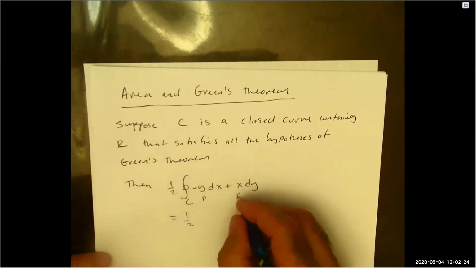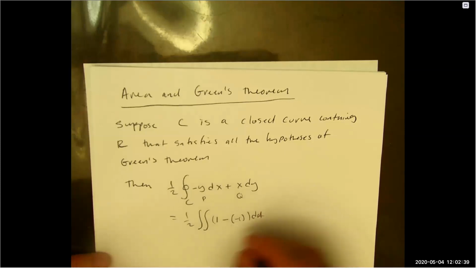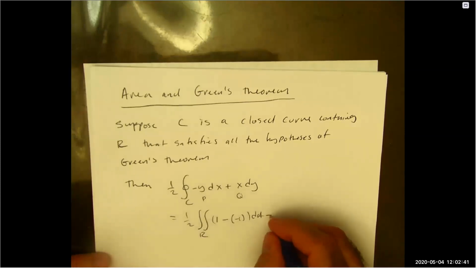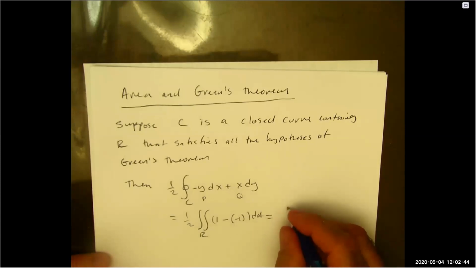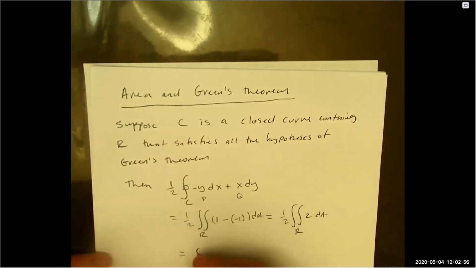Remember, this is your P and this is your Q. So we'd have the double integral of Q_x, which is 1, minus P_y, which is -1, over R. And then this is going to be equal to 1/2 the integral of 2, and this is equal to just the integral of 1 dA. And remember, this is equal to the area of R.